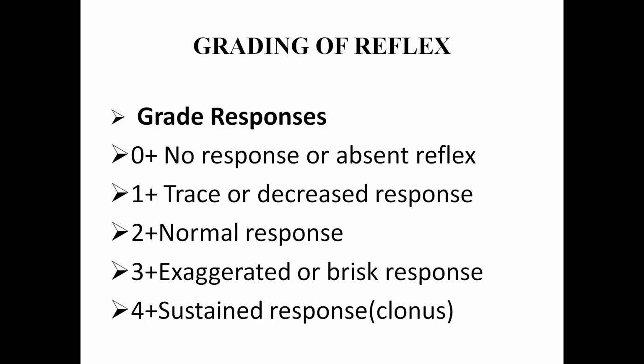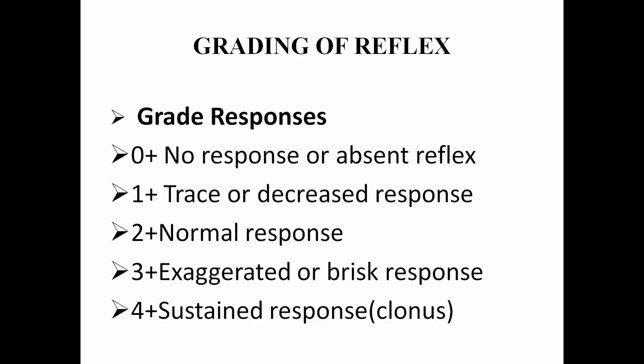Let us see the grading of reflexes. How do we assess the scale? How do we grade the reflexes? 0 indicates no response, the reflex is entirely absent. Number 1 is a trace, minimal or decreased response. Number 2 is the normal response.